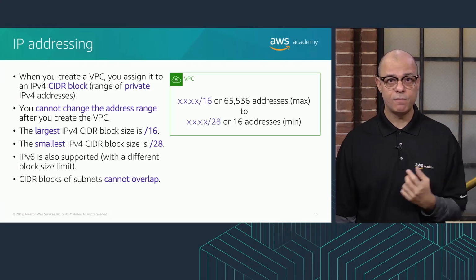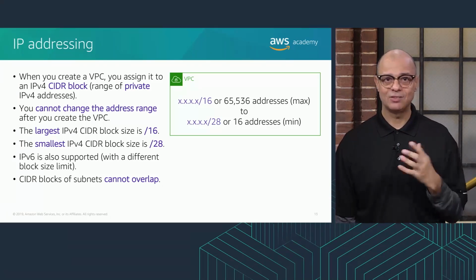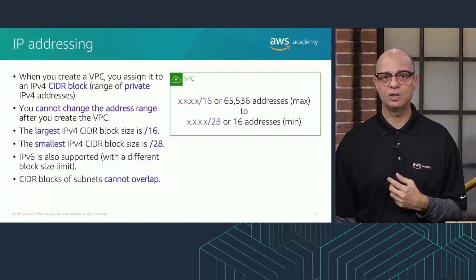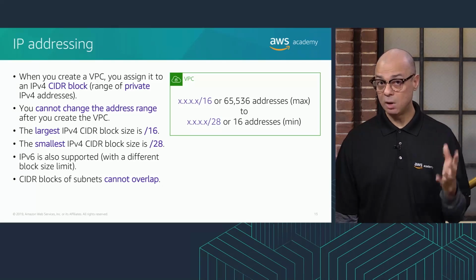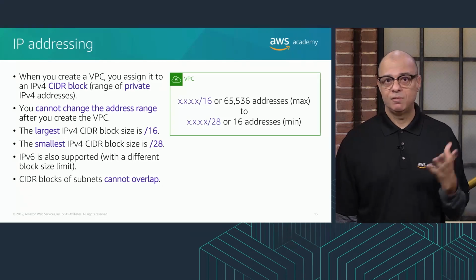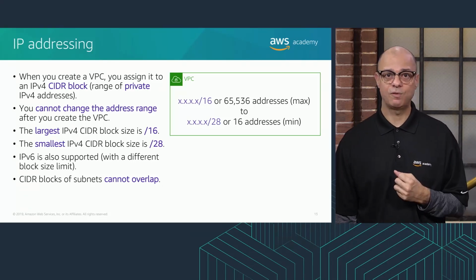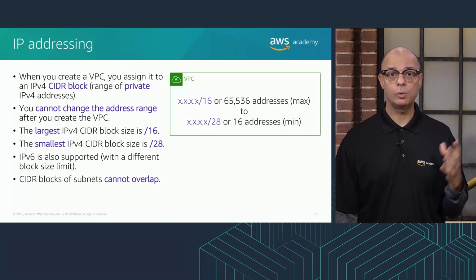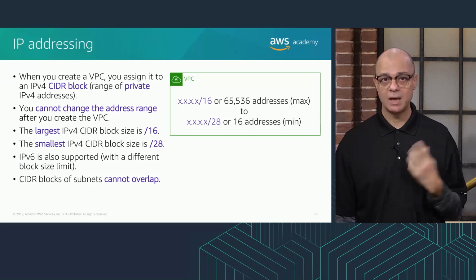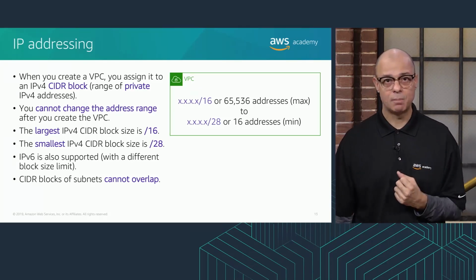The largest IPv4 CIDR block you can choose is /16, which gives you a total of 65,536 possible addresses. The smallest IPv4 CIDR block is /28, which gives you a total of 16 possible addresses for your VPC. It is important to remember these maximum and minimum blocks that you can actually utilize. They are hard limits, so they cannot be broken.